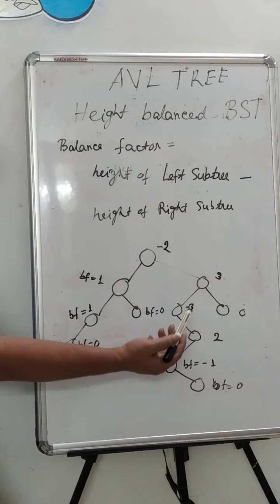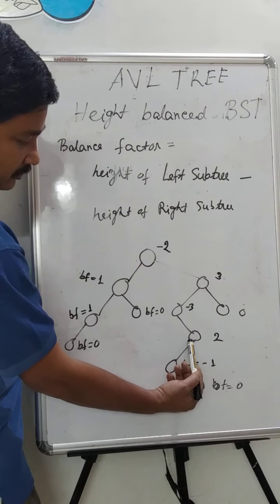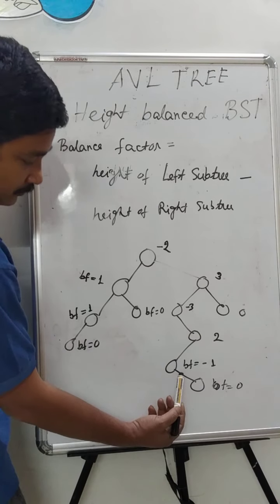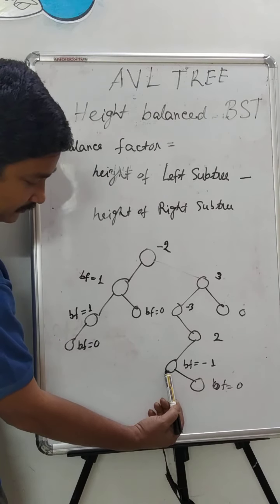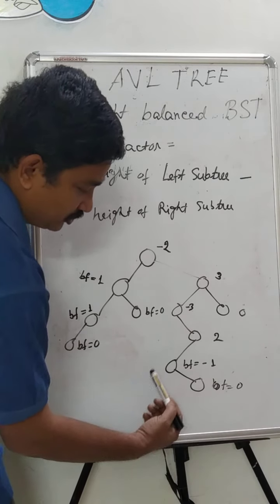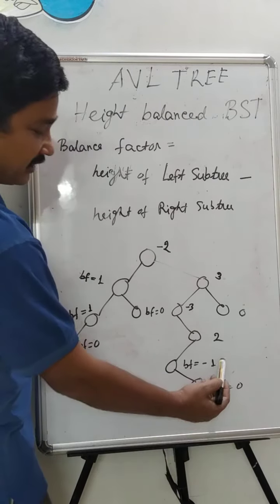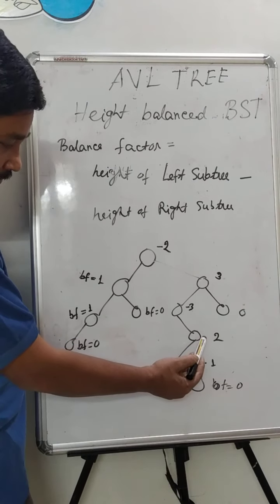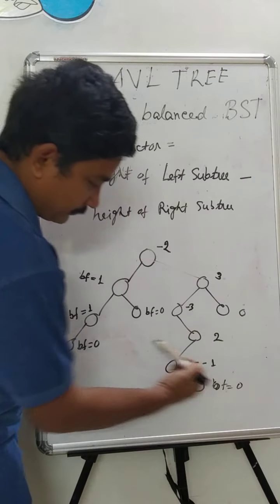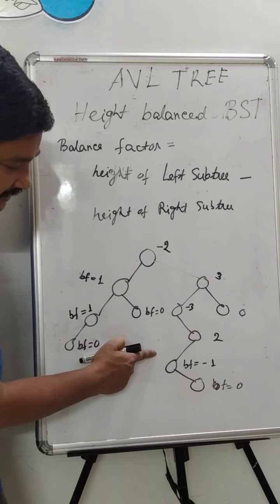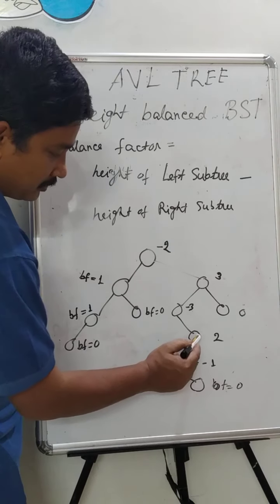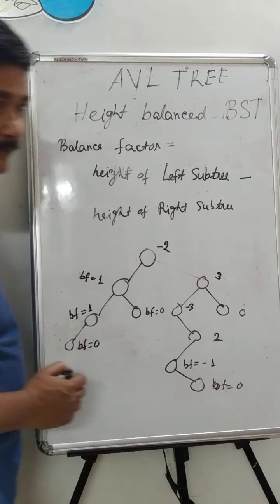Okay. Now we can find that the balance factor of this node is 2. The balance factor of this one was minus 1. Why minus 1? Because the left subtree's height was 0 and the right subtree's height was 1. So 0 minus 1 results in minus 1. But for this node, the left subtree's height is 2, but the right subtree is empty.